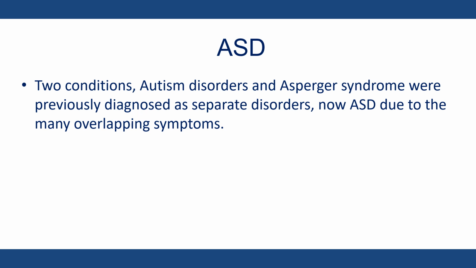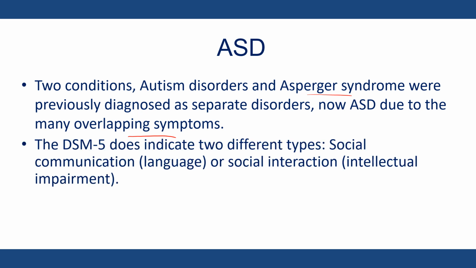All right, so I think we talked about this earlier. Two conditions, autism disorder and Asperger's syndrome, were previously diagnosed as separate, but now they are on a spectrum, so that's a good thing. DSM-5 and even the new version 5-TR does indicate two different types. Social communication, which is the language, and social interaction, which is the intellectual impairment.